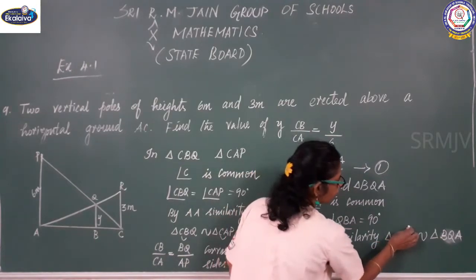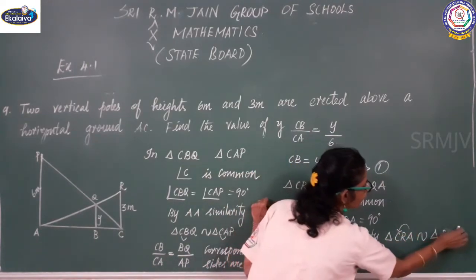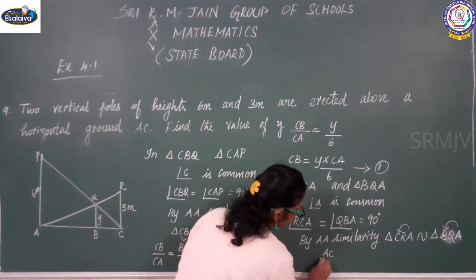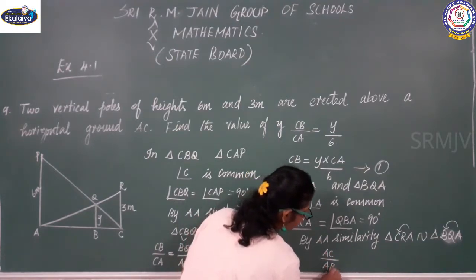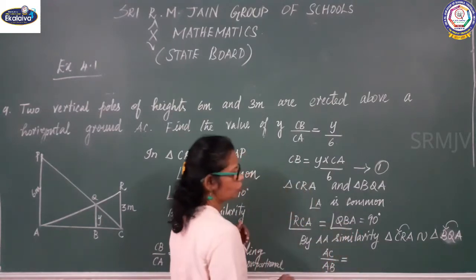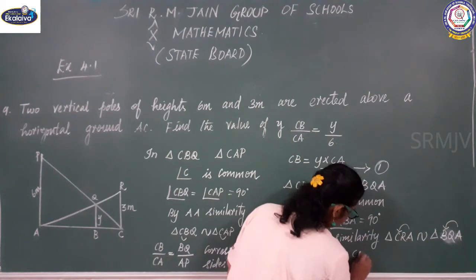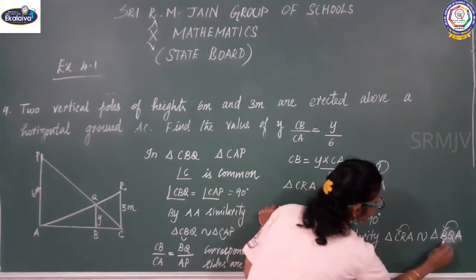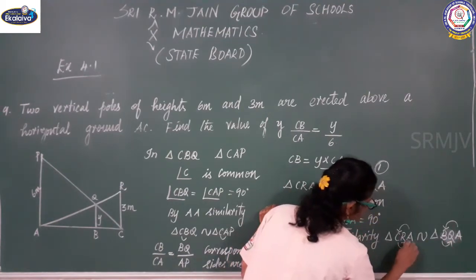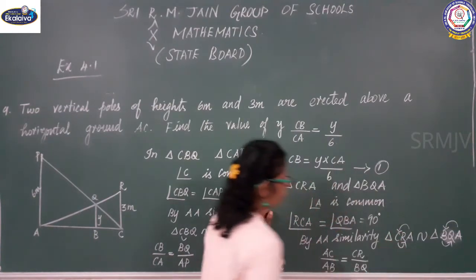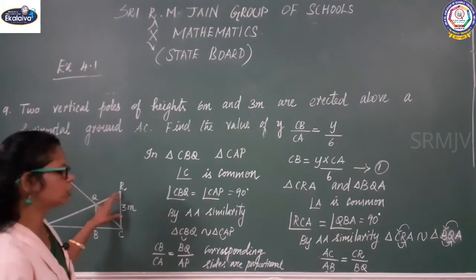How to say? AC divided by AB equal to CR divided by BQ. Now what is the value of CR?